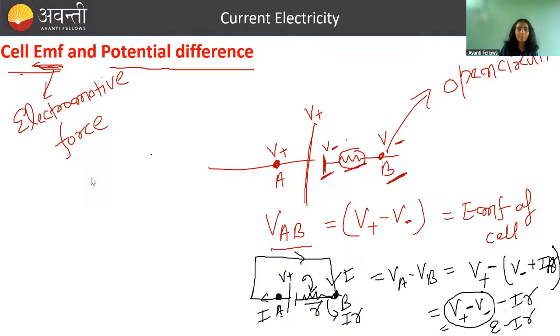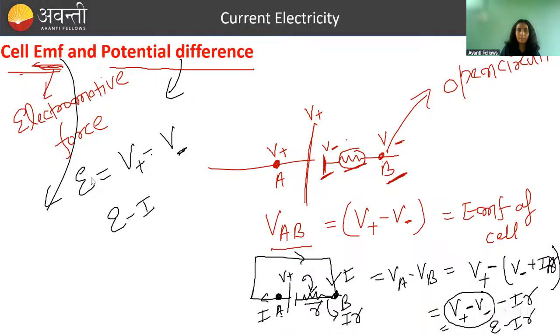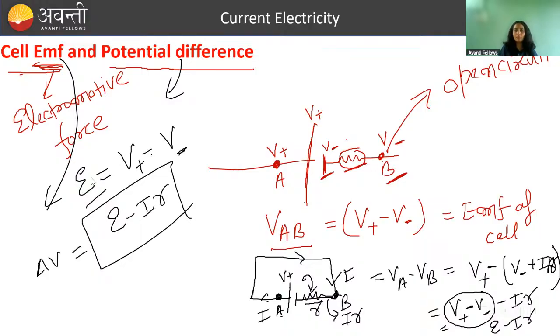When somebody is asking you EMF, it is talking about E value, that is V plus minus V minus. When somebody is asking you about the potential difference across the battery, then simply you have to talk about E minus IR. ठीक है? This is your potential difference across the battery, and this is called EMF.